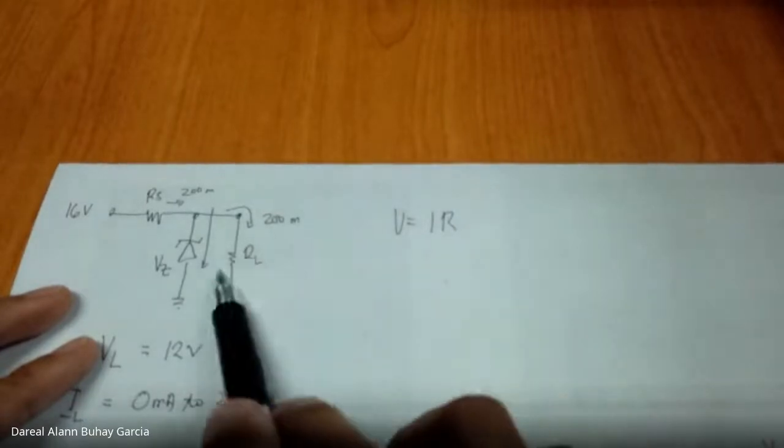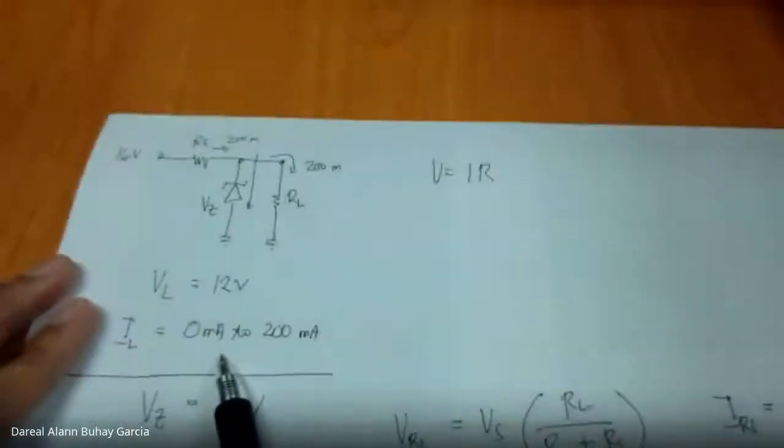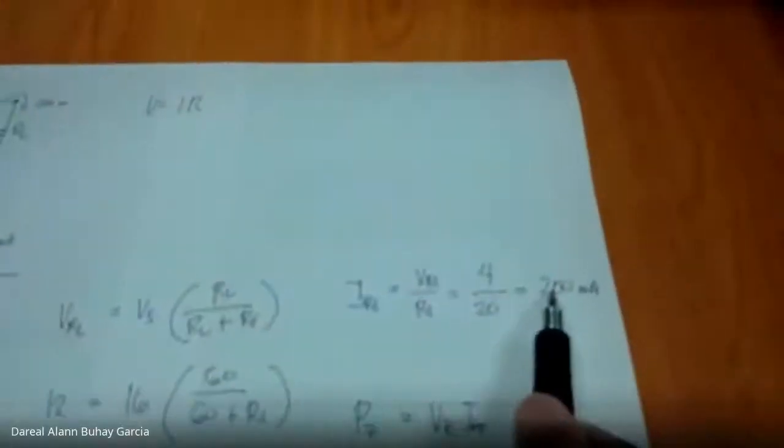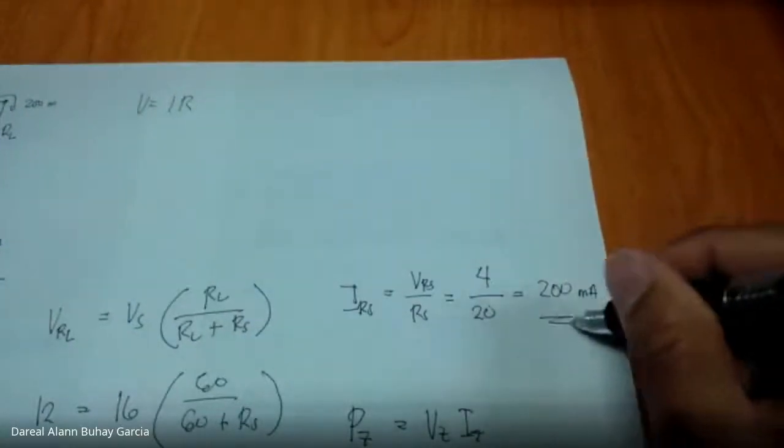At a load current close to zero, almost all the 200 milliamperes from the source would go directly to our zener diode. There is no current flowing in our RL.